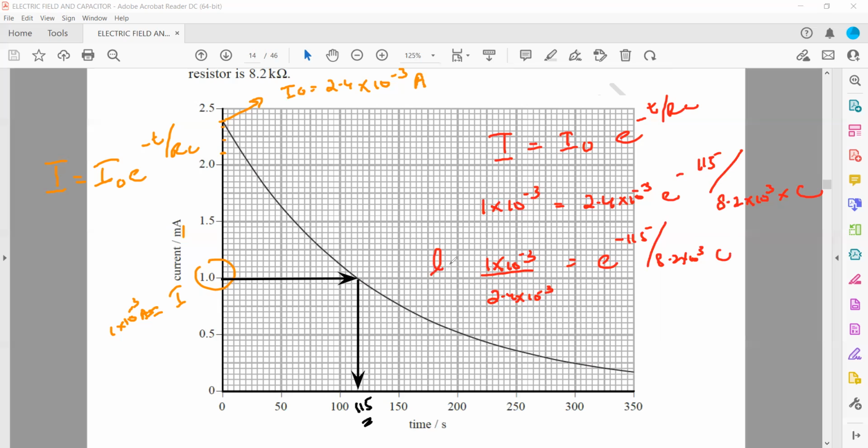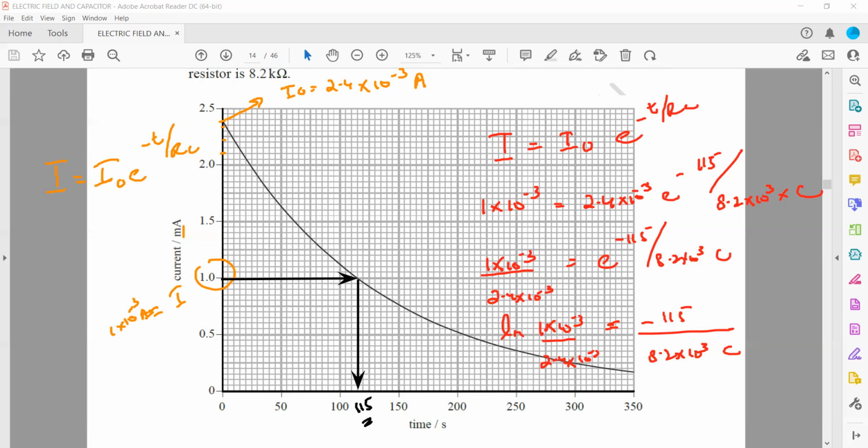Then we take ln on both sides. So it will be ln of 1 into 10 power minus 3 divided by 2.4 into 10 power minus 3. And then ln cancels with e, so it will be minus 115 divided by 8.2 into 10 power 3, and then C. Then we simplify and get the capacitance of this capacitor, which is about 1.6 into 10 to the power minus 2, or 0.016.